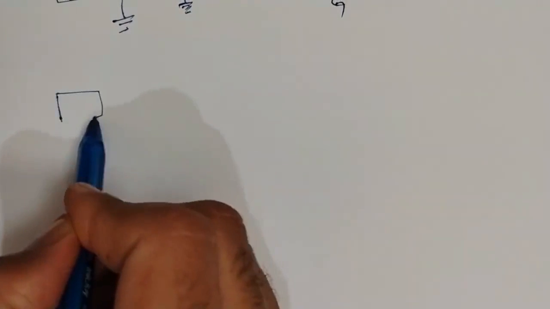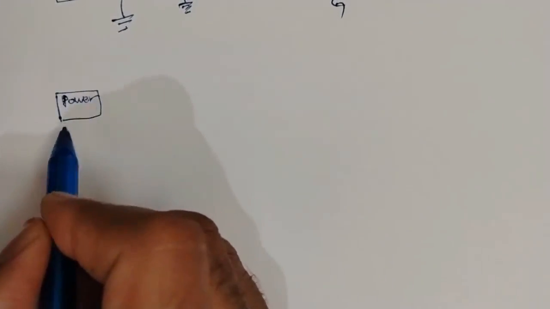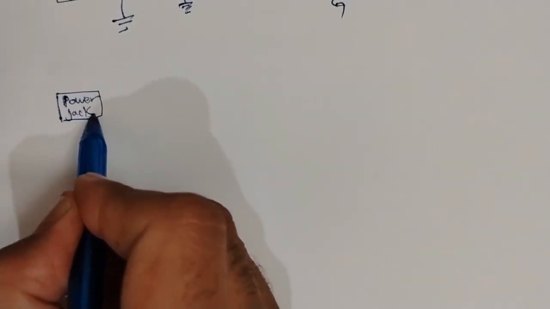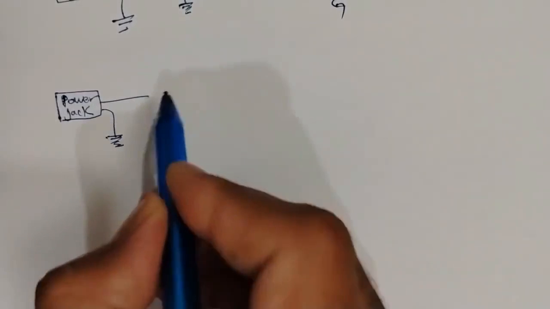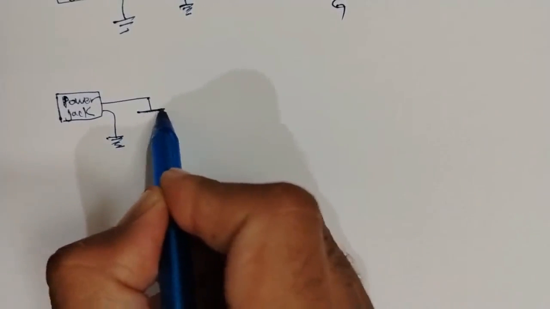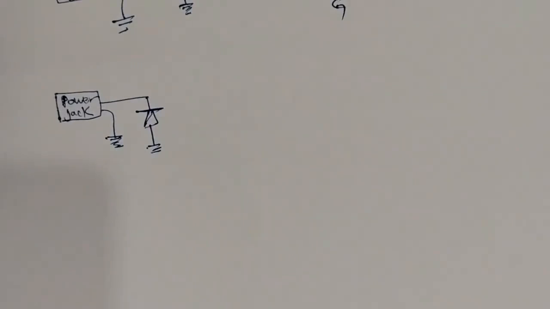For the RAM circuit, the voltage starts from the power jack, which is of course connected to the ground, and then the first diode, the protection diode, over here, my friend.